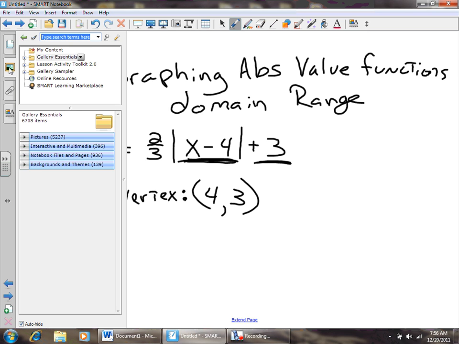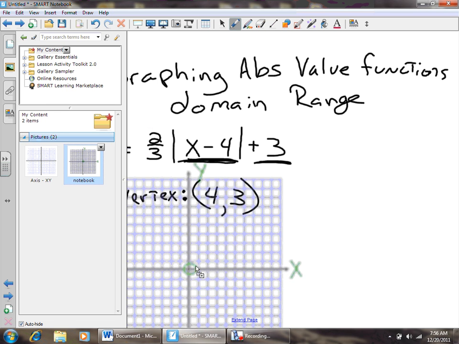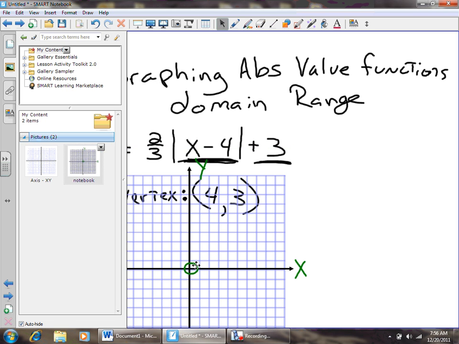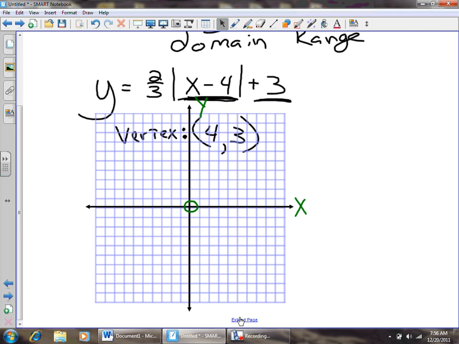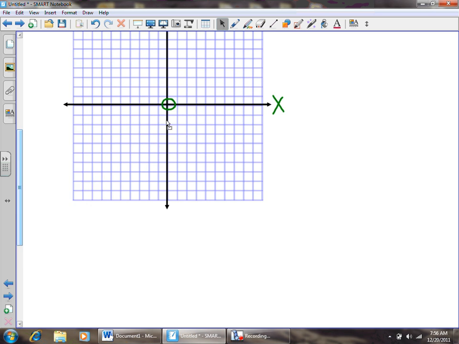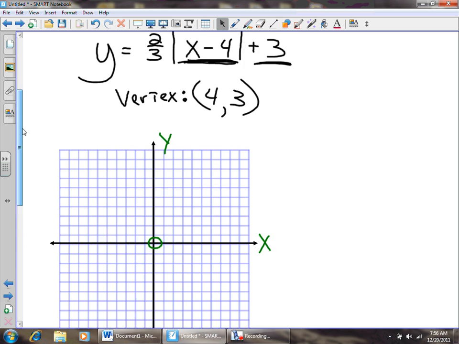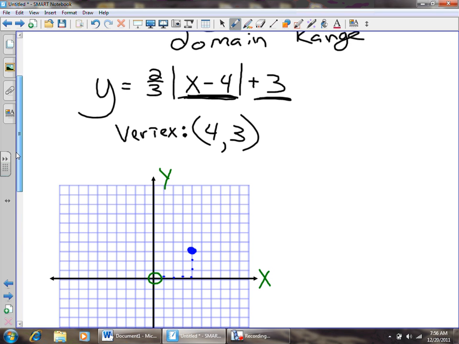So let me get some graph paper out here. All right, so I know my vertex is at (4, 3), right? So I'm going to count 1, 2, 3, 4, 1, 2, 3. I know that my V is going to open upward.